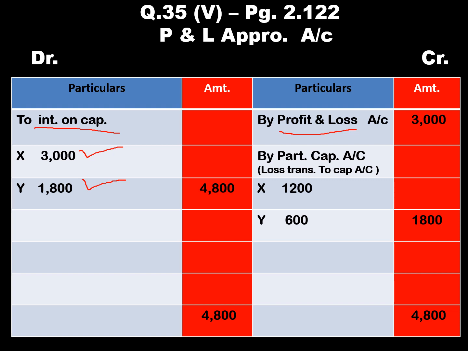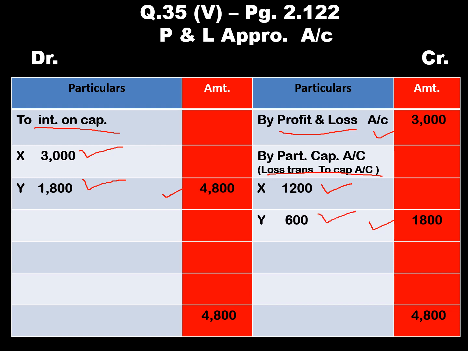So we need to provide 4,800 rupees as interest on capital. 3,000 is the available profit, so we have a loss of 1,800. This 1,800 loss will be distributed among the partners in their profit sharing ratio, which is 2:1. So X will bear a loss of 1,200 rupees and Y will bear a loss of 600 rupees.